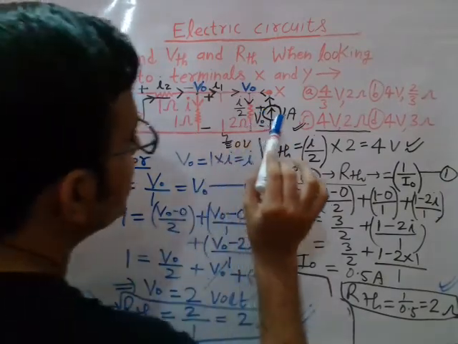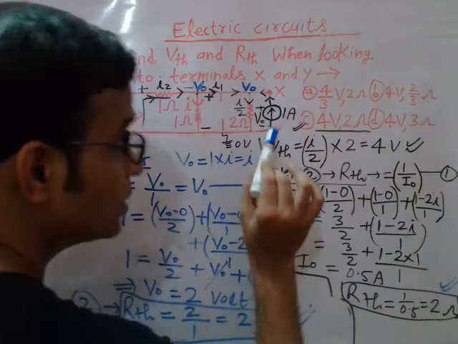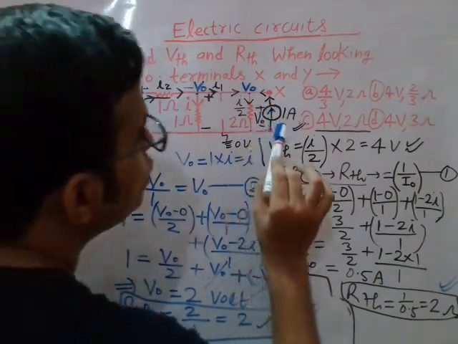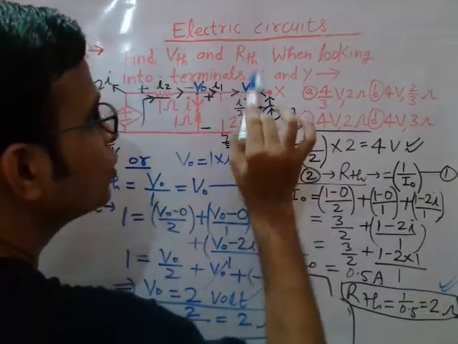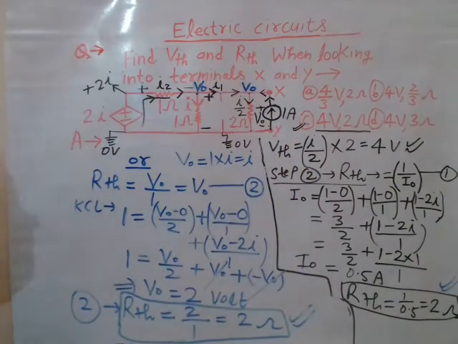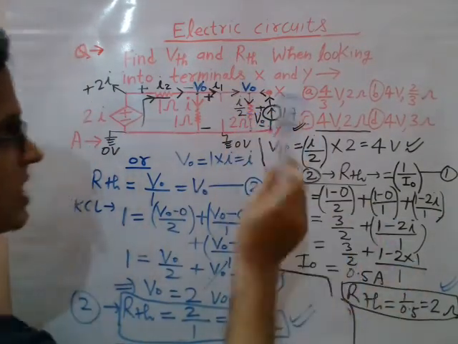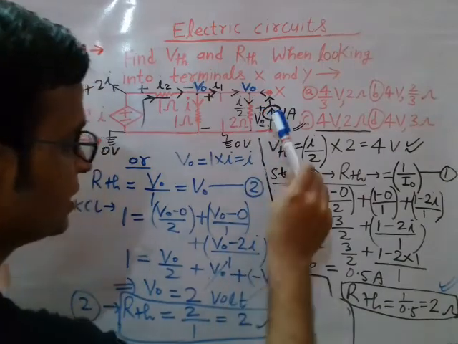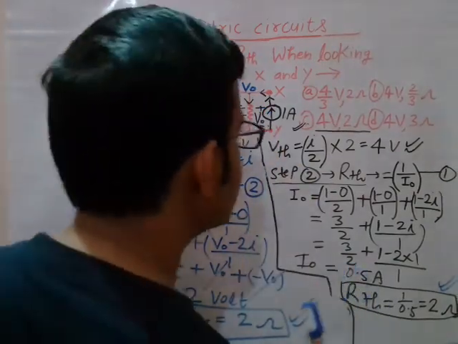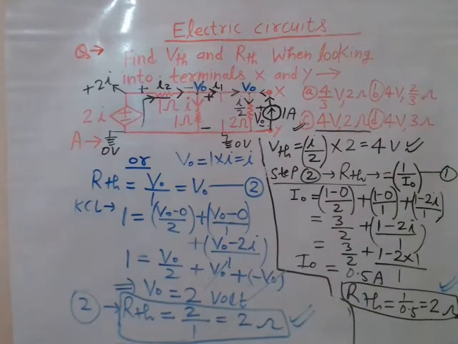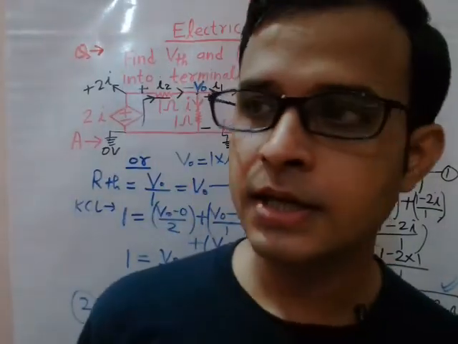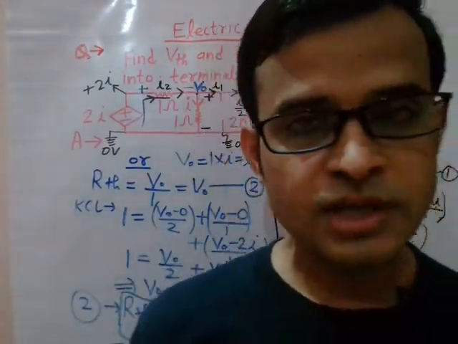And if you are choosing a test voltage source, then choose it equal to 1 volt with a current I0 delivered by it, right?